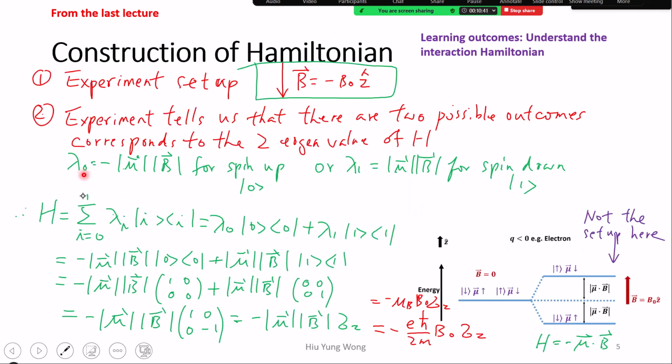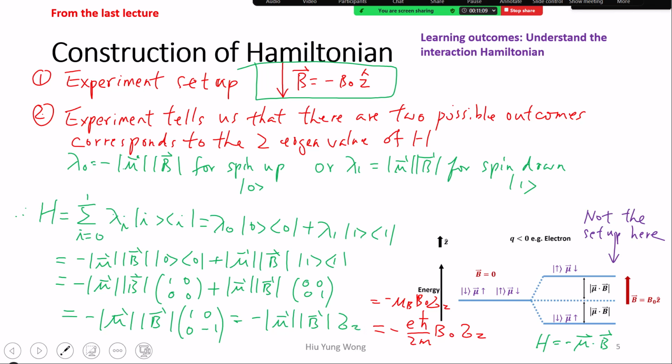Due to the equation H equals negative mu dot B, spin down has an eigenenergy of negative mu times B in magnitude, and spin up has the other one. I won't go through the math again. Basically, this Hamiltonian is negative mu times B in magnitude times sigma z.